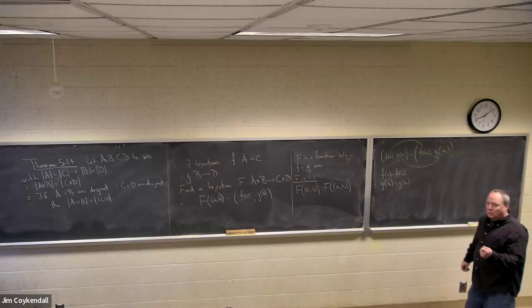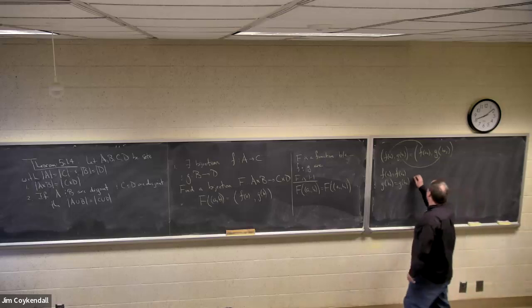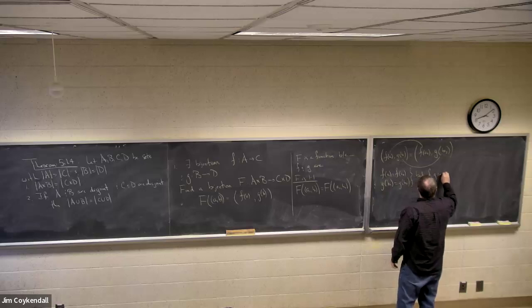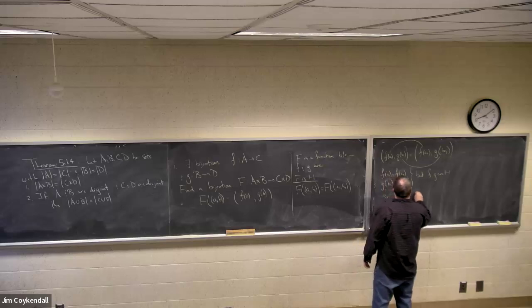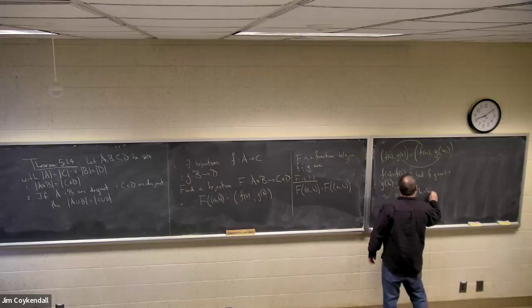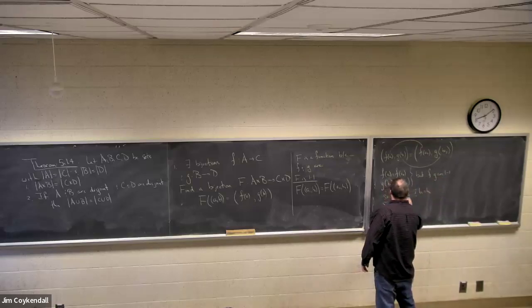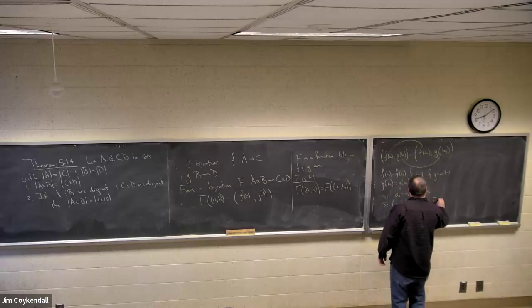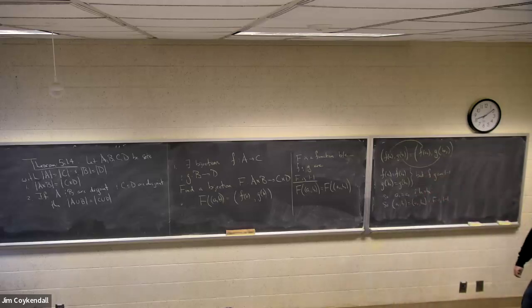They're bijections, and what's relevant here is the fact that they are 1 to 1. So a1 equals a2 and b1 equals b2. And so (a1, b1) is equal to (a2, b2) and F is 1 to 1. Okay, we got that one.